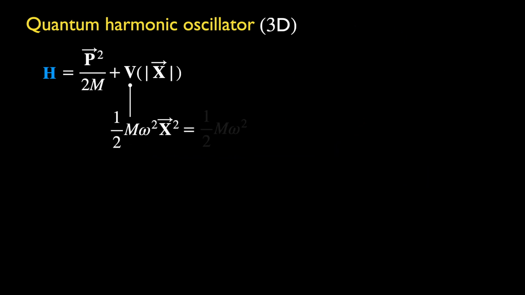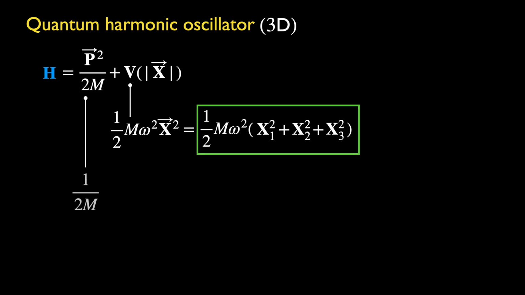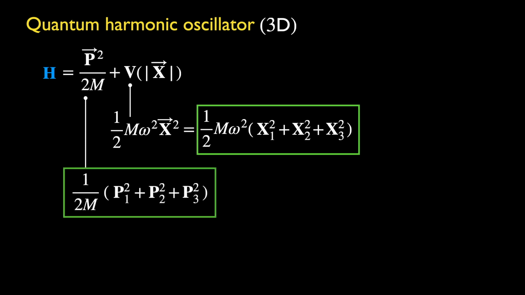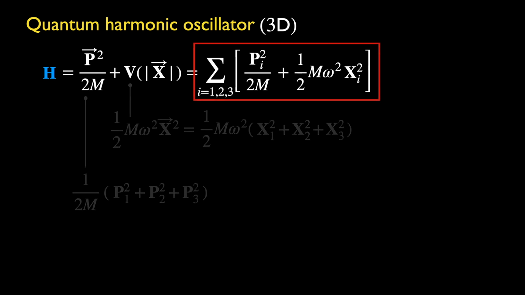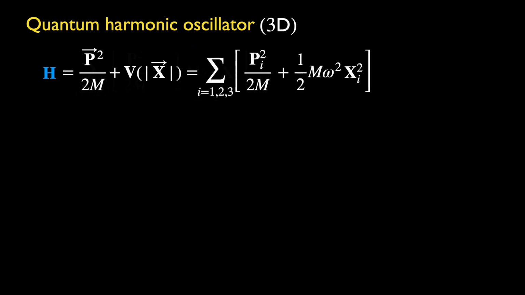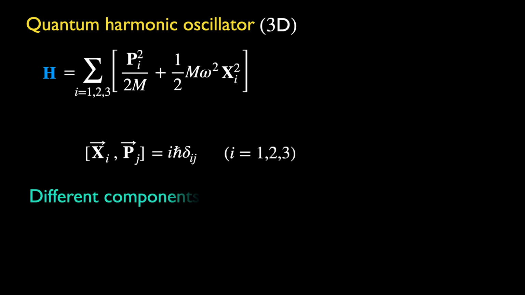Let's expand out this Hamiltonian in components form. We find that it can be written as a sum of three terms, corresponding to three independent spatial directions. This independence is expressed mathematically by the following canonical commutation relations.